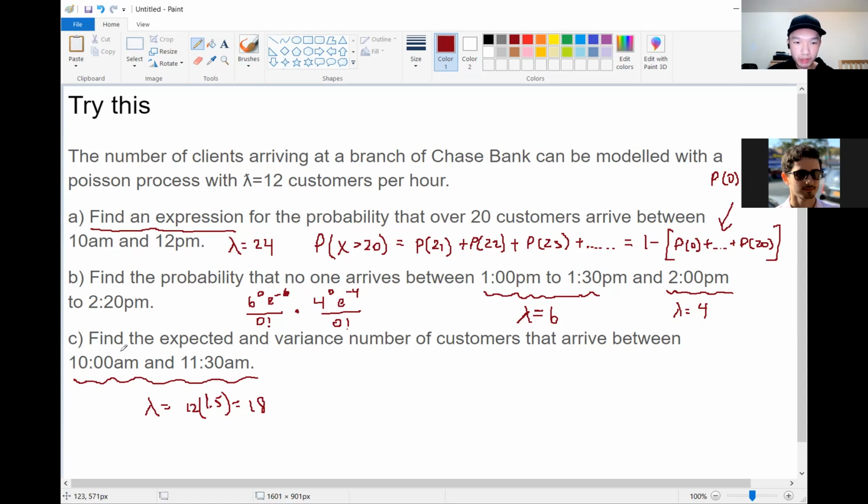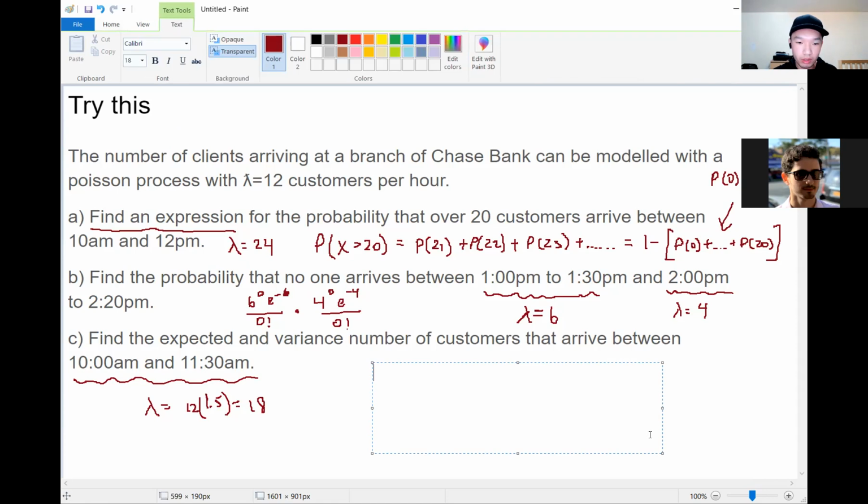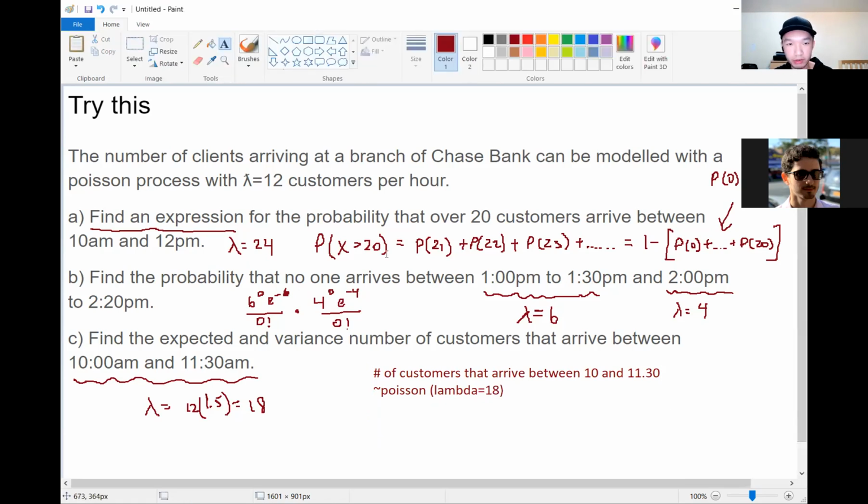So the number of customers that arrive between 10 and 11:30, let me write it out as a sentence to make it explicit: number of customers that arrive between 10 and 11:30 is Poisson with lambda equals 18. Okay, so that's how you can write it as a sentence.